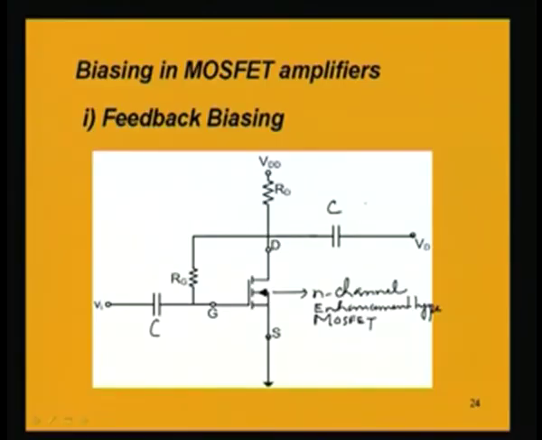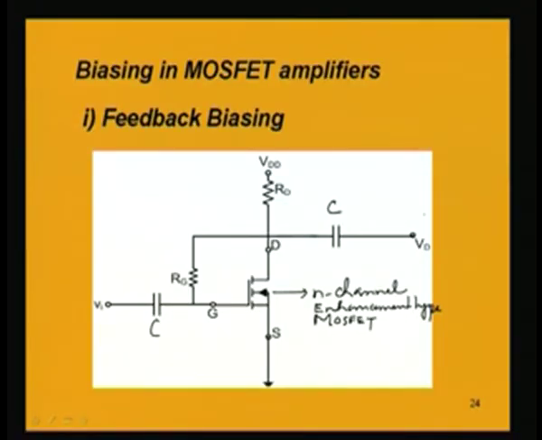That is why there are coupling capacitors. The purpose of using the coupling capacitors is to block the DC. Now, in this circuit, as we have seen, the drain and gate is having a resistance RG in between them. This is a comparatively high resistance RG which is connected.